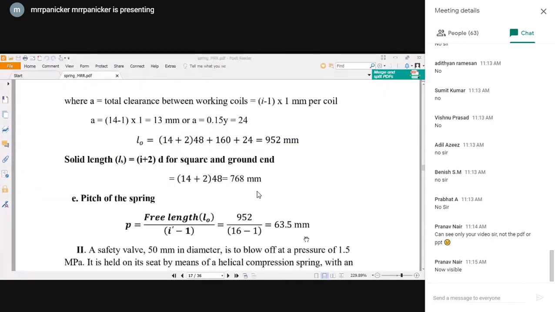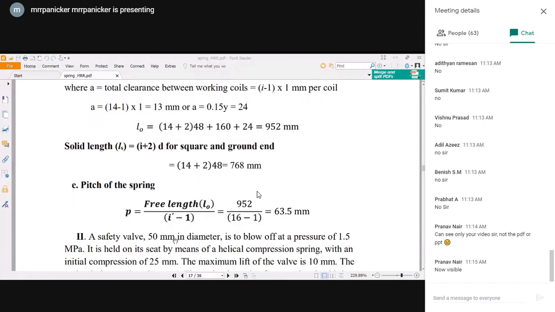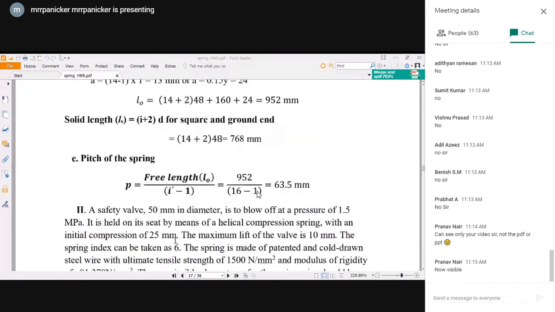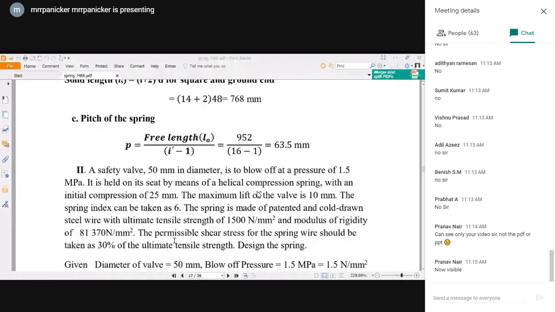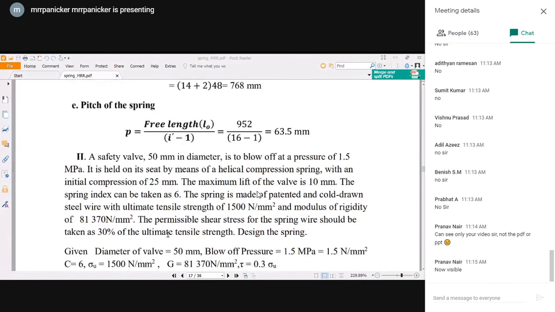Then pitch also, this is free length by I dash, where I dash is the total number of turns. So this is one problem. You just go through the PDF for the problem and try to work it out.